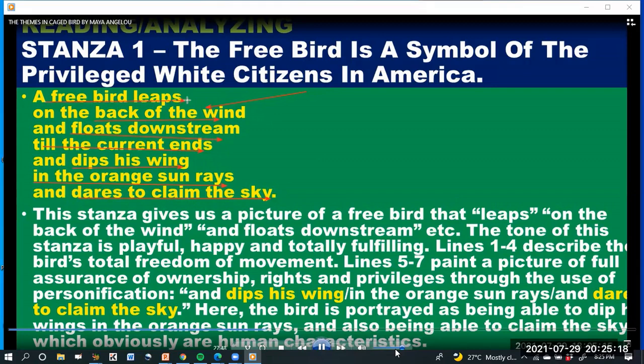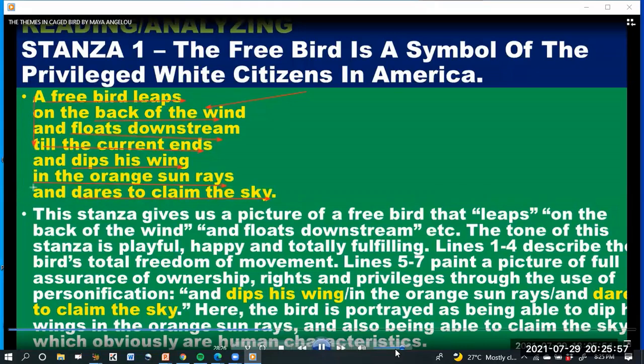By the way, this stanza gives us a picture of a free bird that lives on the back of the wind and flows downstream, and so on and so forth. The tone here is that of an individual or a group of people that can play, that are happy, that are enjoying life to its full. All right. And then you look at lines 1 to 4 here. You discover that these lines describe the bird's total freedom of movement.